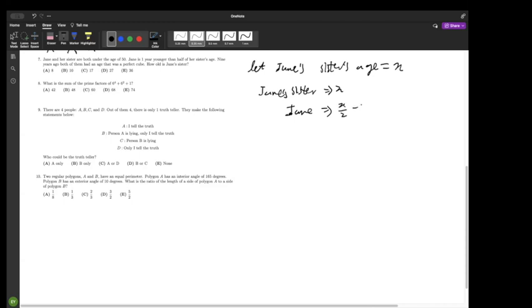So it's x over 2 minus 1, right? And also, x is less than 50. That's what the problem told us. 9 years ago, both of them had an age that was a perfect cube. So x minus 9 was something cubed, and x over 2 minus 1 minus 9 was something cubed. I just restated the problem. Do you guys have any questions, or did you understand?